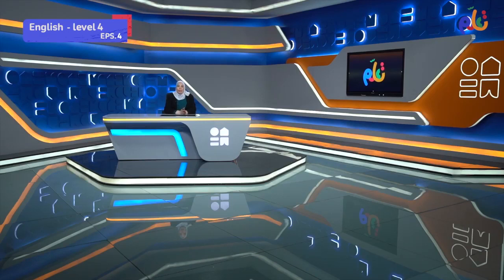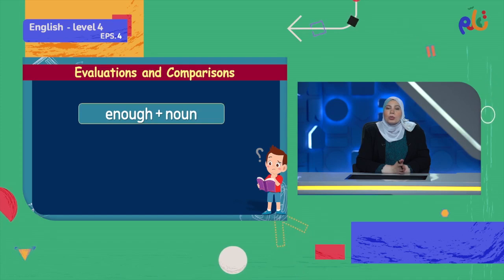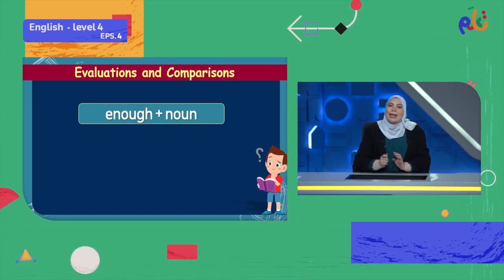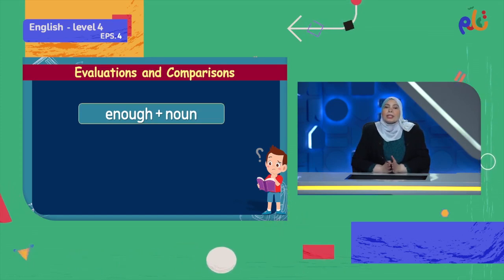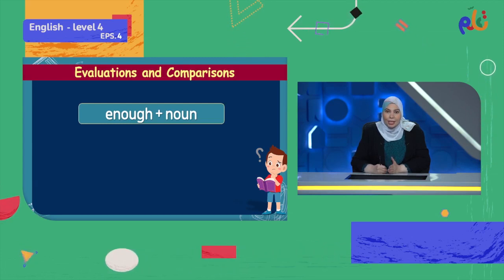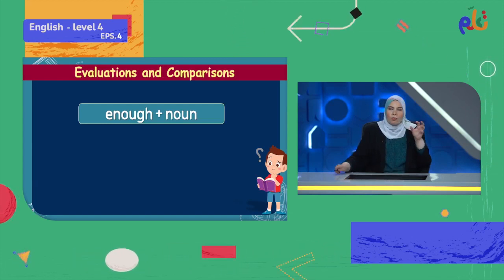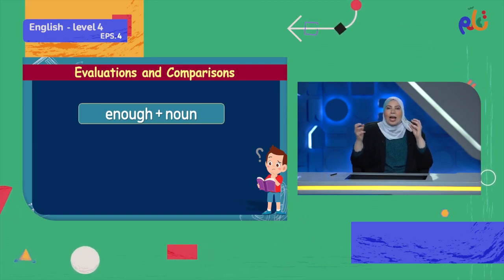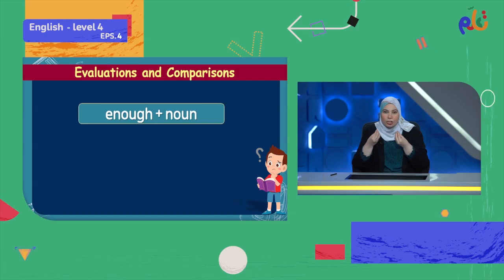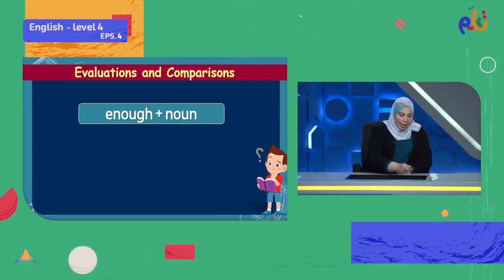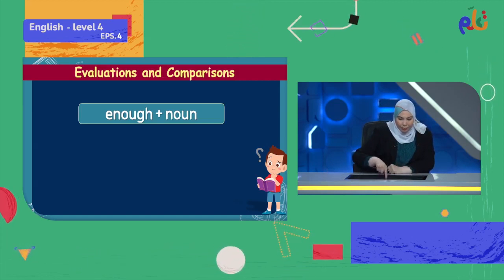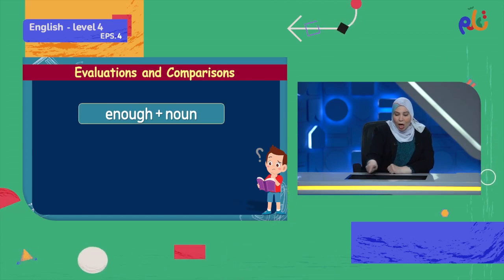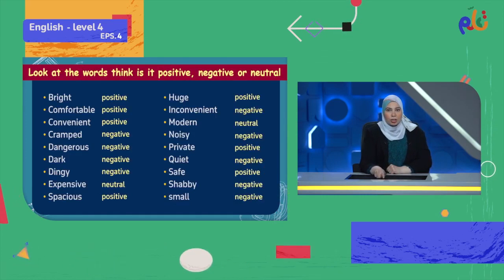Or I can use enough again, and I can use it with nouns. So I can say I like it, but it doesn't have enough rooms. So still small, we're talking about small. But still I didn't say the negative word, which is small. So here, if you can see, we had a lot of negative description.